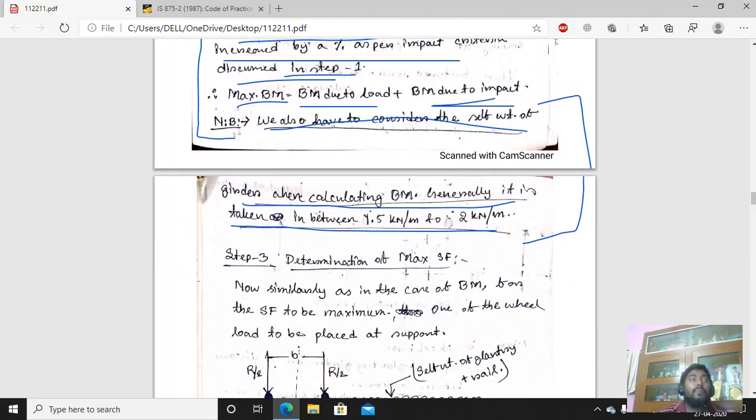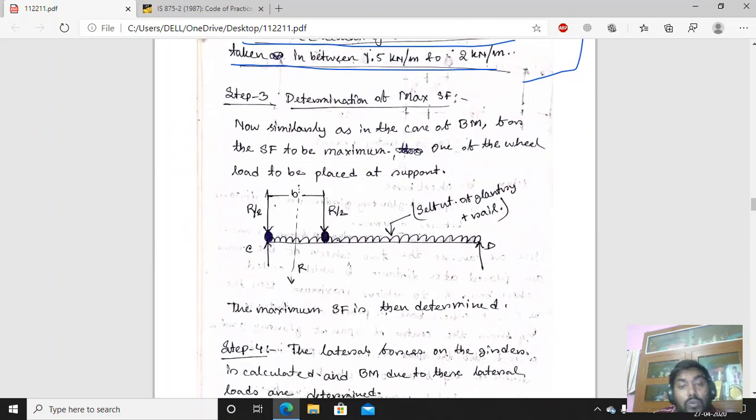Okay, so after the bending moment, we are now coming to the shear force. Similarly to the bending moment, we first cannot determine the maximum shear force directly, because the load is a moving load and we do not know the placement of the load.